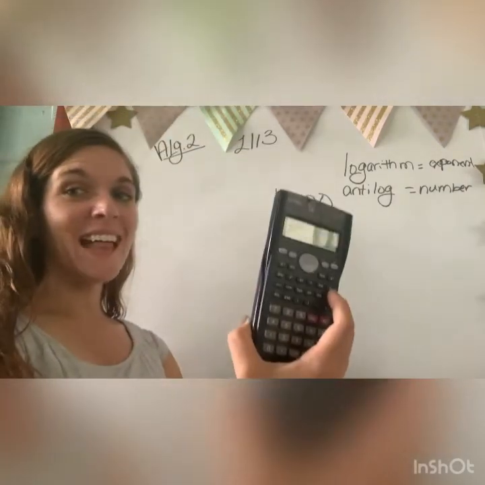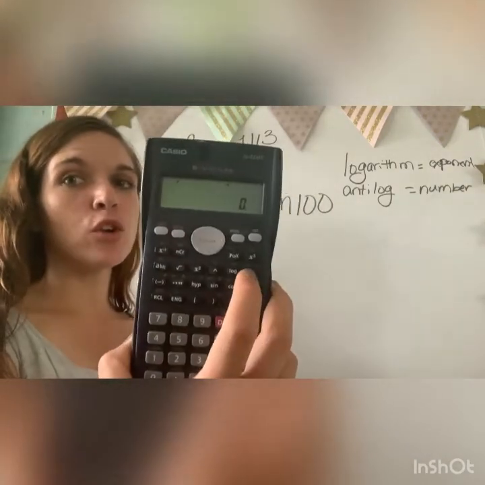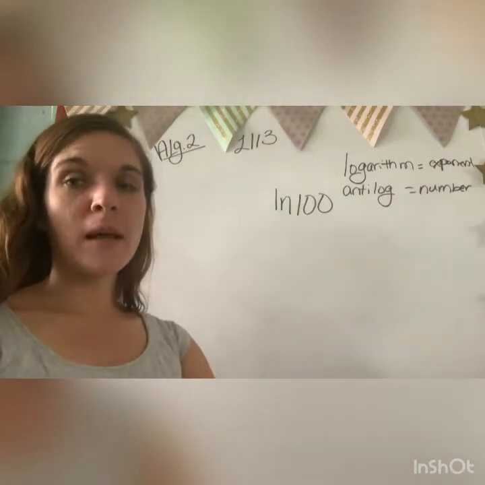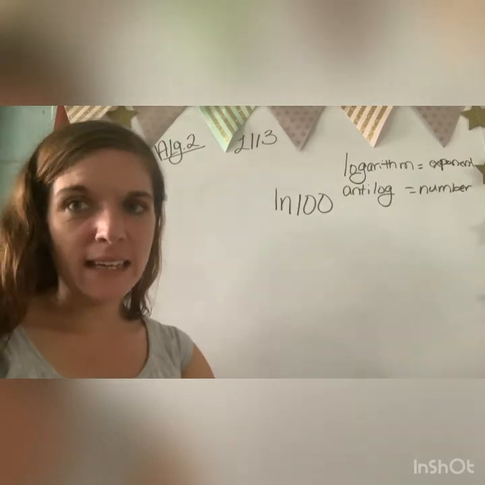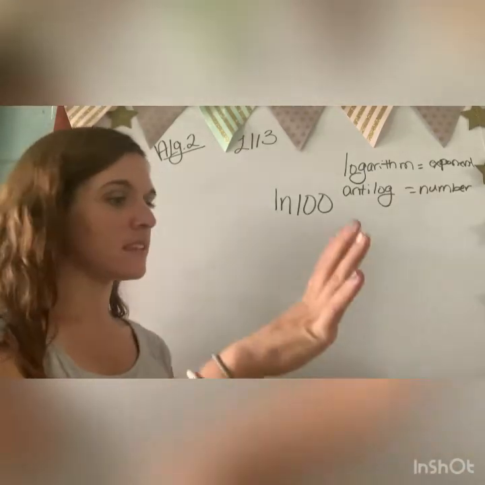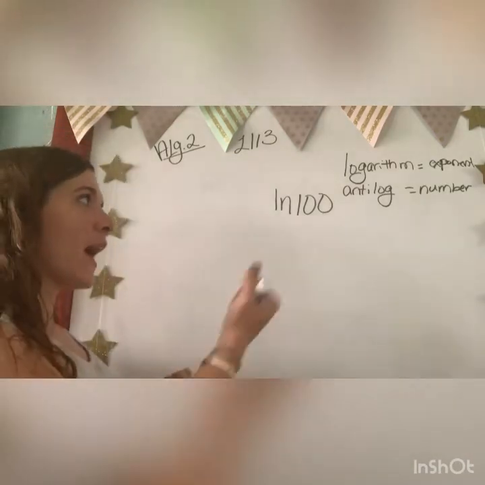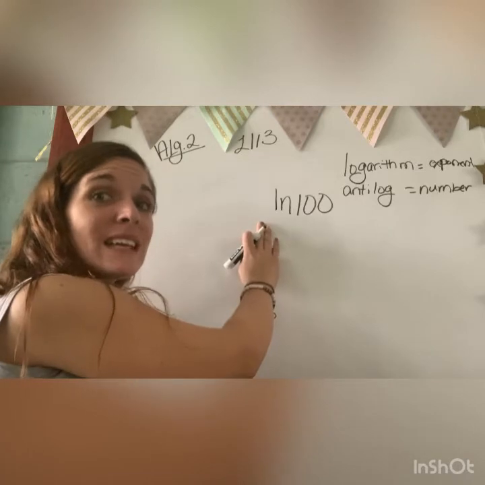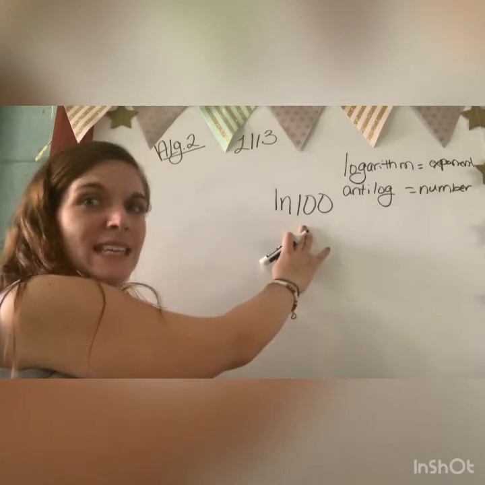Even though it has the L in front and the N in the back, it is a natural log. So what is this? This is also log base E. Base E. This is used in calculus. This is used in all advanced math, okay? So look, you have this natural log 100. What that really is, natural log 100, is log base E.